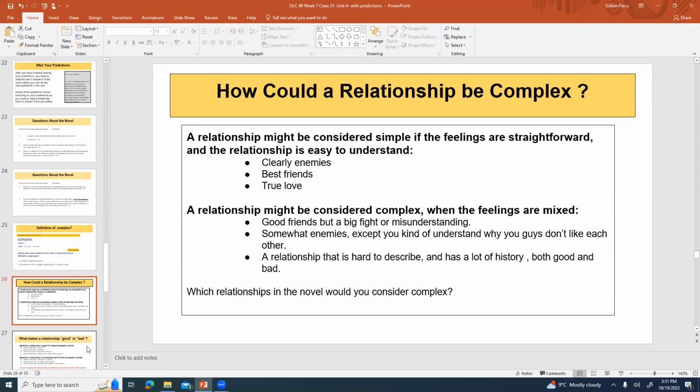Now, I know you're probably thinking that in real life, that's really not how things often are, which is true. A relationship might be considered complex when the people have mixed feelings for each other or where a lot of different kinds of events have gone on. So, for example, maybe they're good friends, but there's been a big fight or misunderstanding.